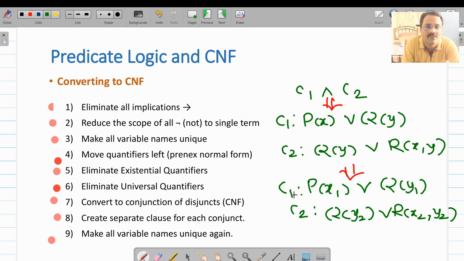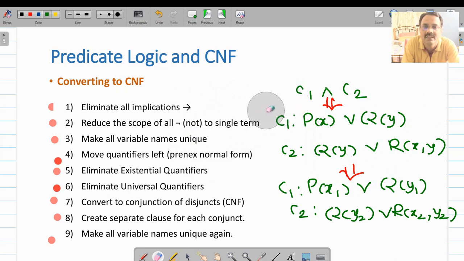So two different clauses are now referring to different variables, and that you can do very well because these are variable names. The substitution you have to carry out throughout, so that will give you the same equivalent clause without changing its meaning.